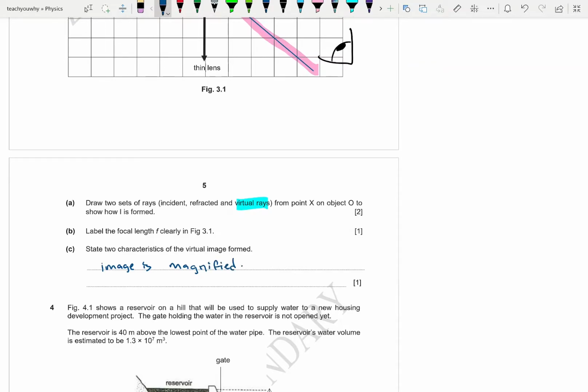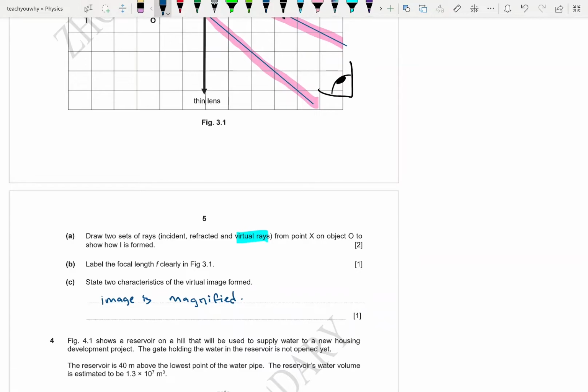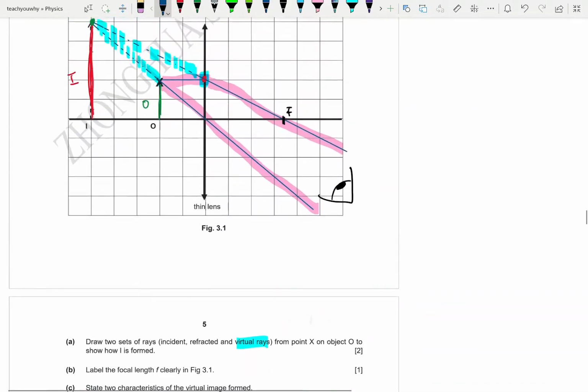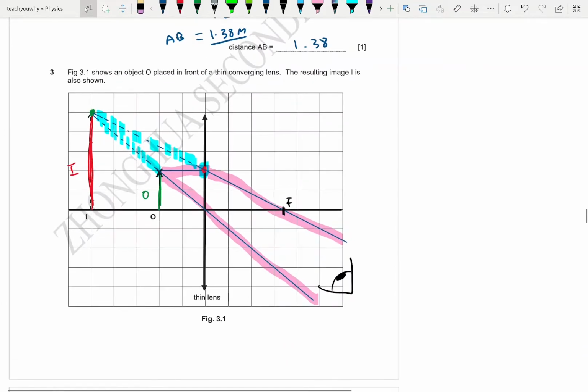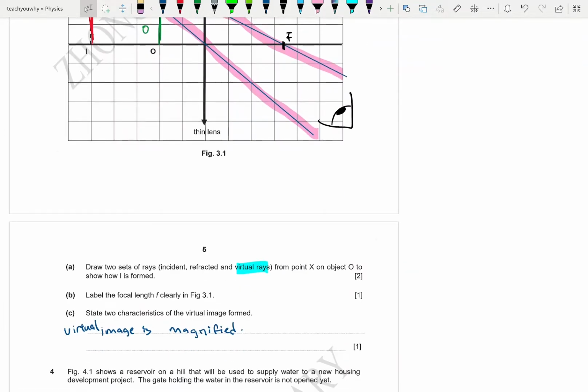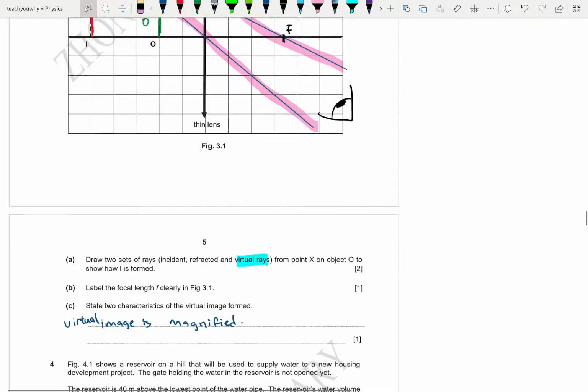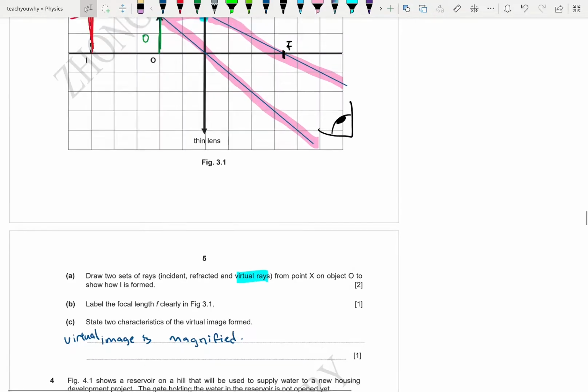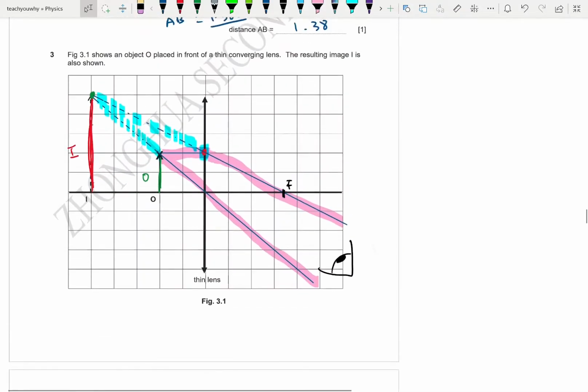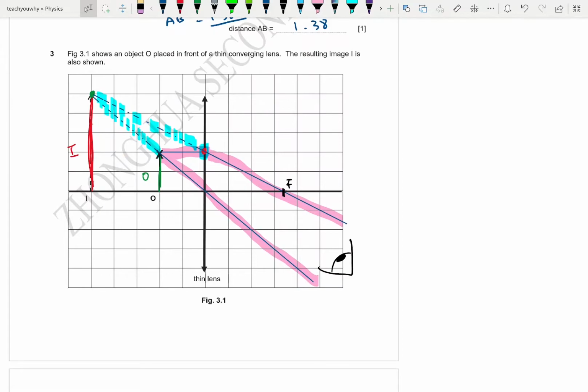So the virtual image is magnified. What other thing can we say? Two characteristics of the virtual image formed. We cannot say that this is a virtual image because they already say that this is a virtual image.